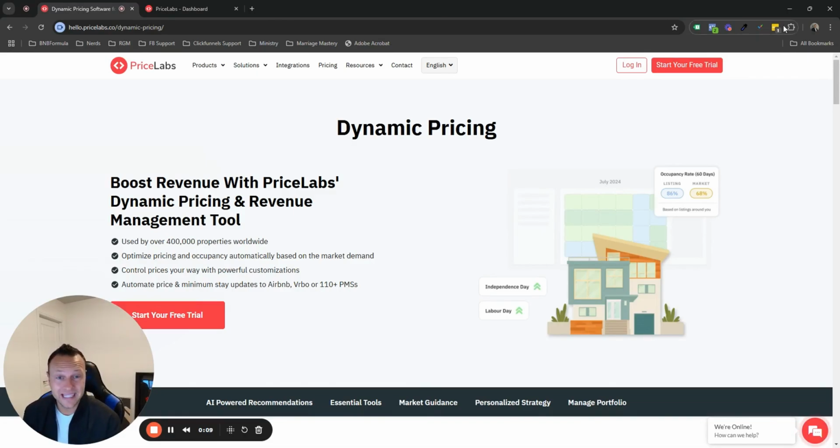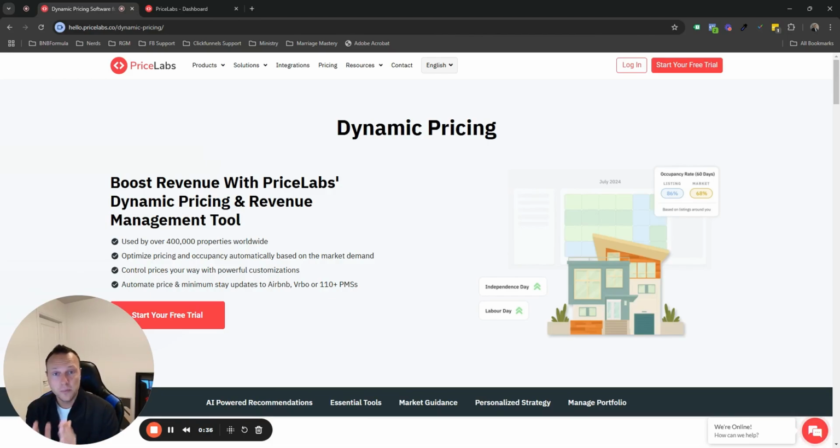PriceLabs will use historical data in your precise neighborhood of all the Airbnbs that are there, of all the nightly booking rates that have ever happened, and it will suggest and predict for you the nightly amount that you should be charging for your listing based on the size of the listing, how many bedrooms, how many bathrooms, all that stuff.